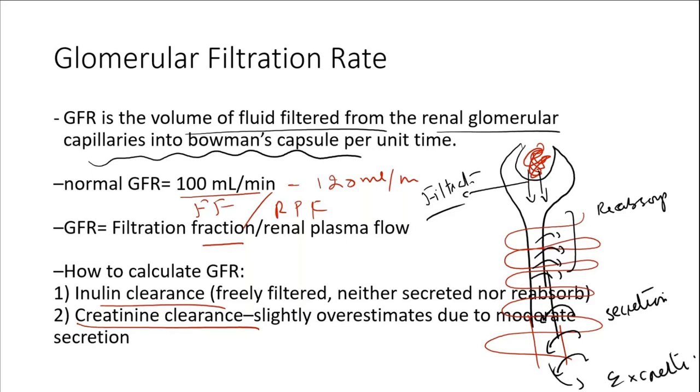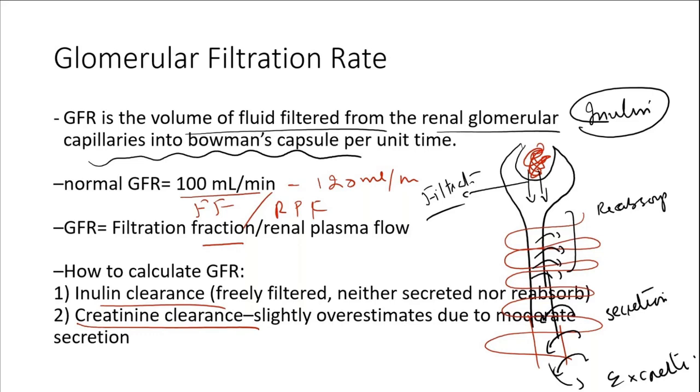So why can we use inulin as a method to measure GFR? Because inulin is just filtered. Whatever is filtered will go out into the urine, so it can accurately measure GFR. But you need to inject inulin to check it, and inulin is very expensive.